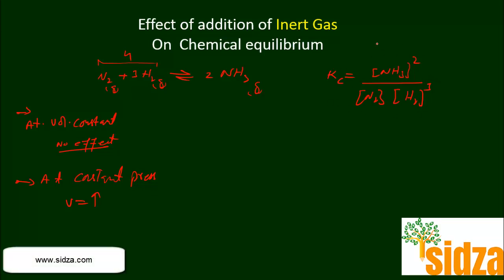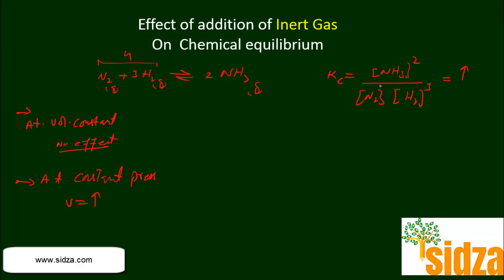From this equilibrium constant K, we have more concentration terms in the denominator than the numerator. So the overall effect is that K is going to increase, because in the denominator we have more decrease and in the numerator less decrease.